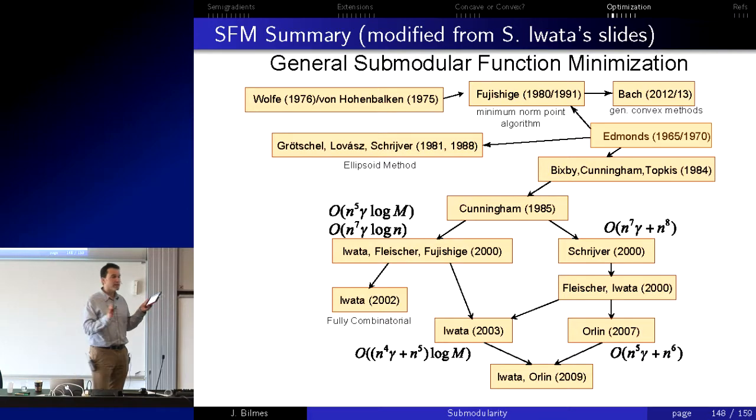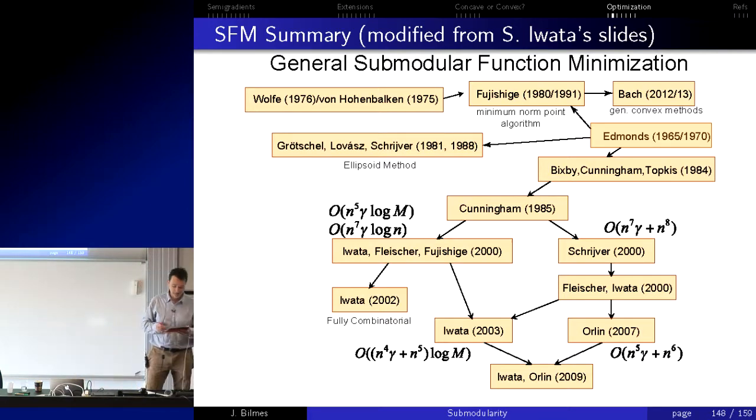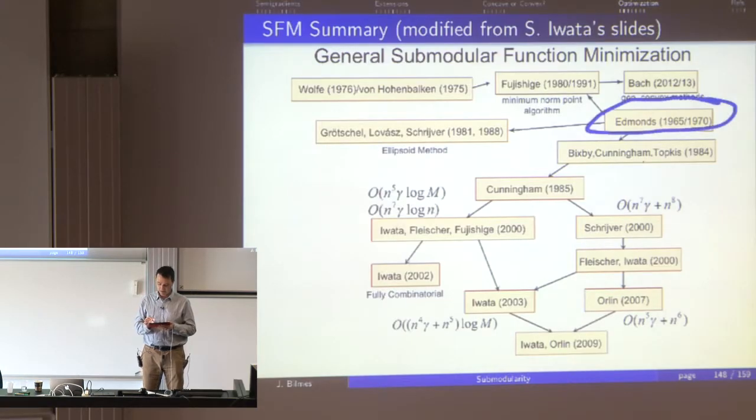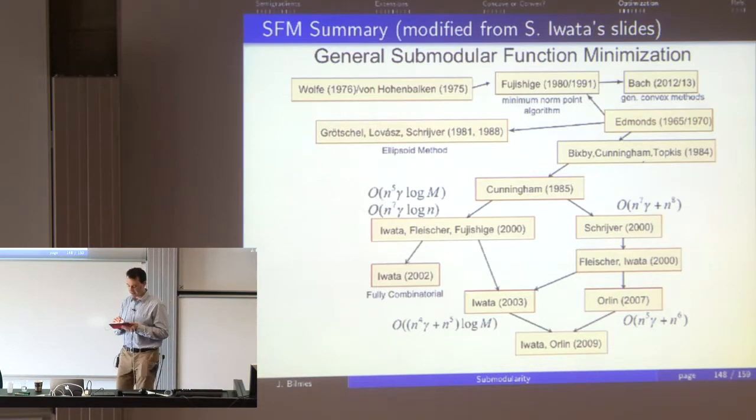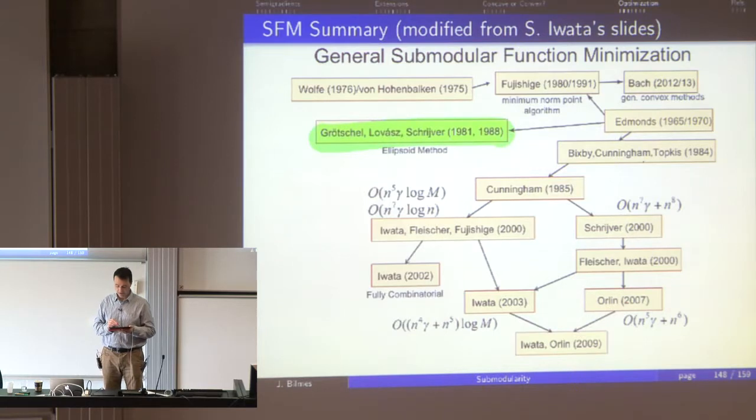So here's an outline of the history of submodular function minimization. Interestingly enough, it all starts from Jack Edmonds' work. It's his seminal work back in the 1960s. And that led to the first polynomial time solution to submodular function minimization.